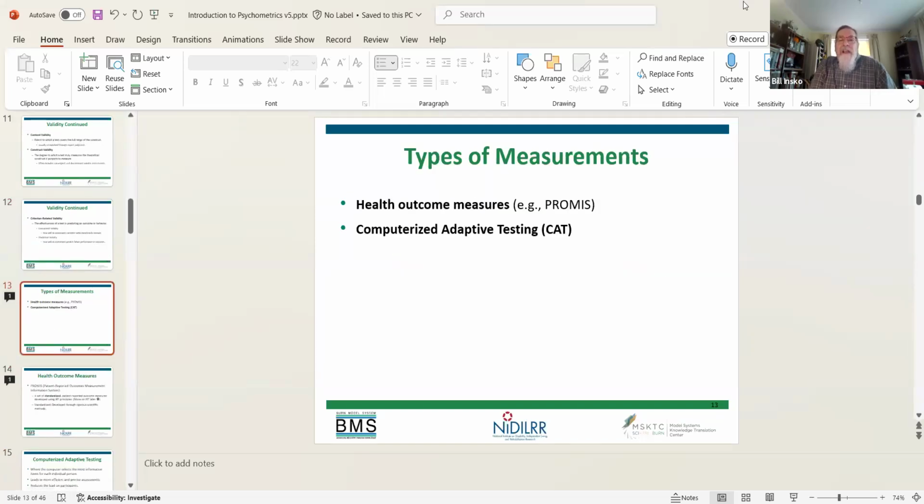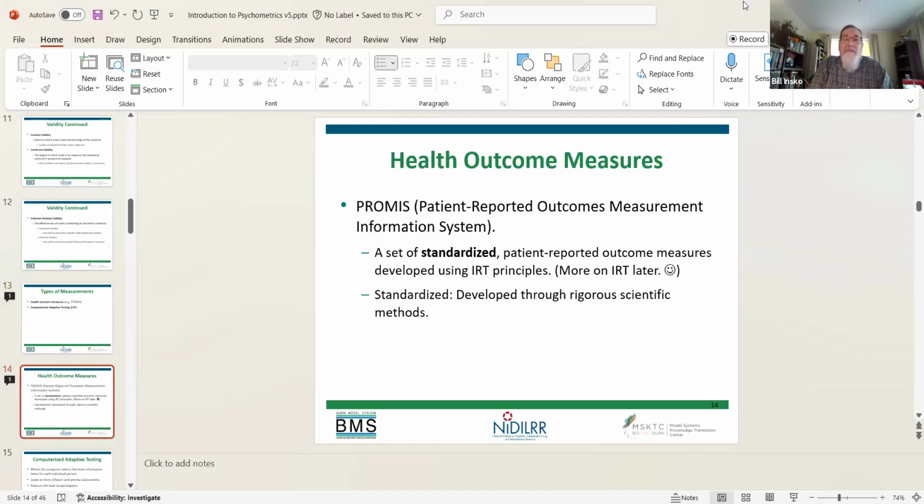So, types of measurements. First of all, PROMIS. This is a really good example of a health outcome measure that's standardized. That's a very important thing in psychometrics. When you're collecting data, you want it to be pretty similar every time.